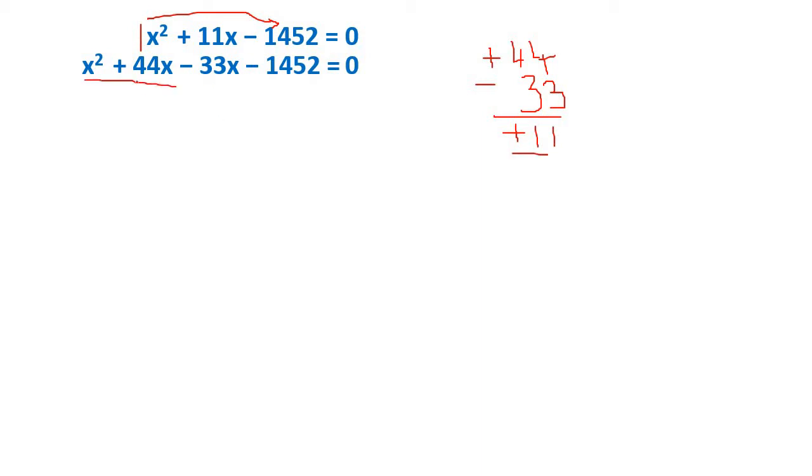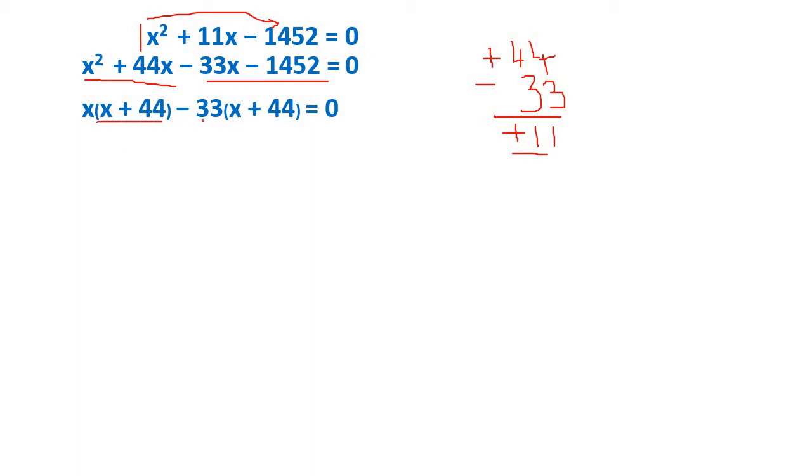Here you take x common from x square plus 44x, and take 33 common from minus 33x minus 1452. Then we will get x into x plus 44 minus 33 into x plus 44 is equal to 0.